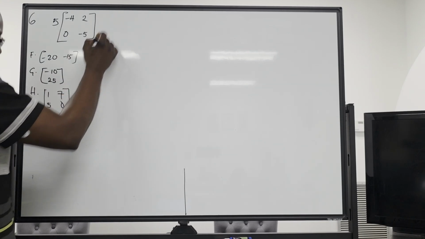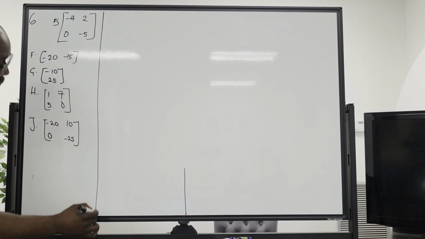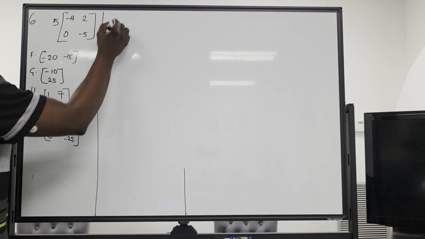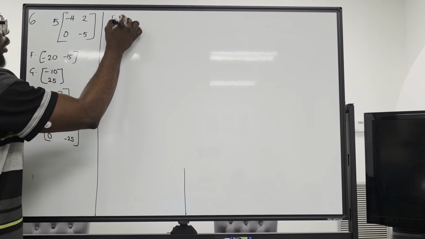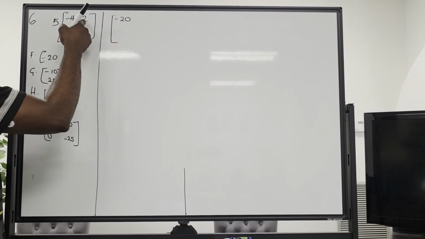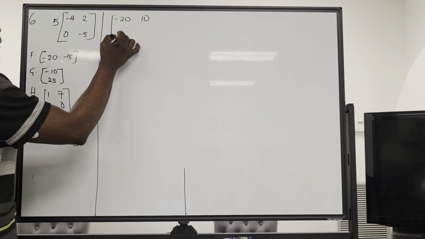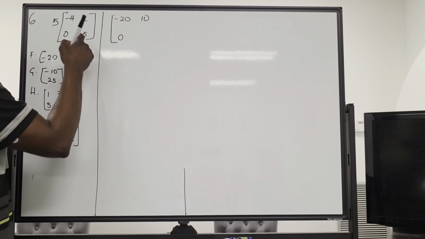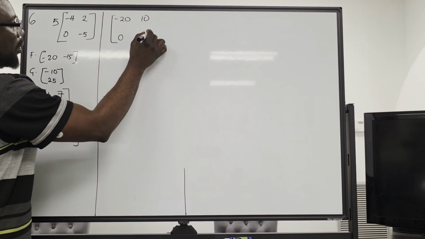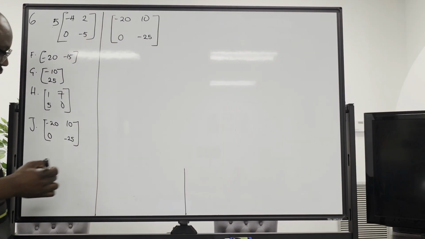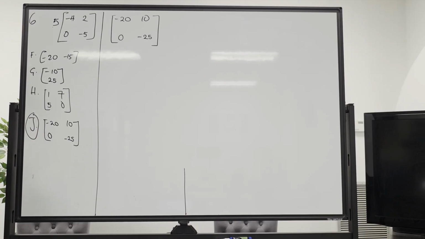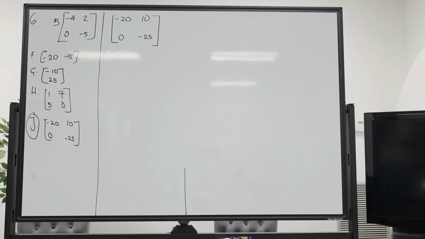So 5 times minus 4 is minus 20. 5 times 2 is 10. 5 times 0 is 0. And 5 times minus 5 is minus 25. So your answer is J. That's a simple way to solve a matrix. Let's go to question 7.